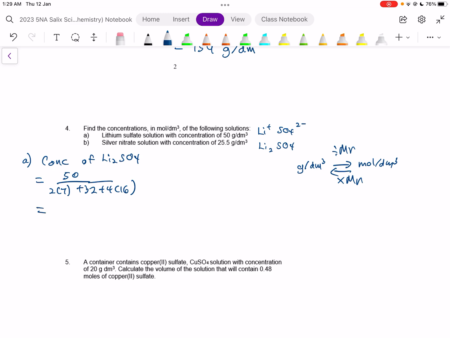So 50 divided by that gives 0.454. You round it off, and you get 0.455 mole per dm cube.